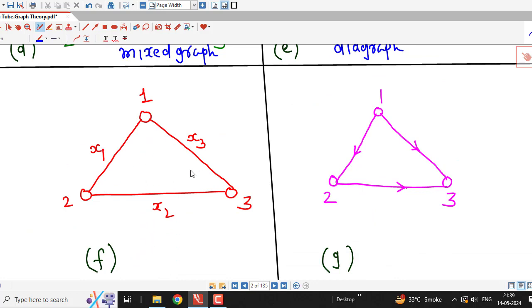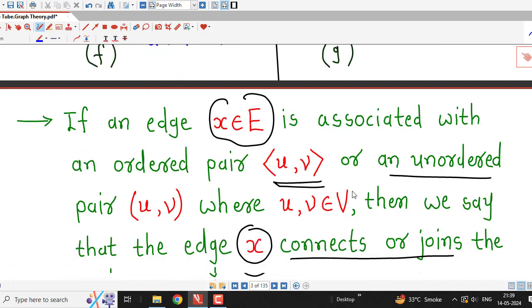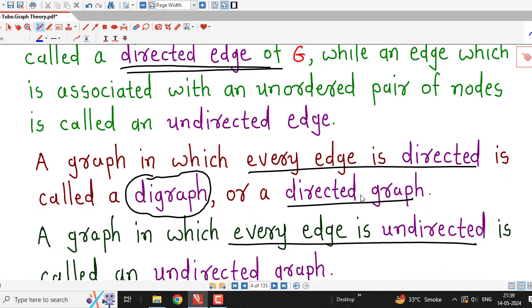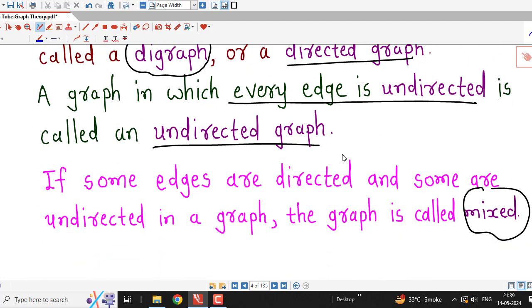Here all the edges are undirected. So this is an example of an undirected graph. This is an example of a directed graph. Every edge in this graph is directed. So remember all these definitions. We will be using them in upcoming lectures.